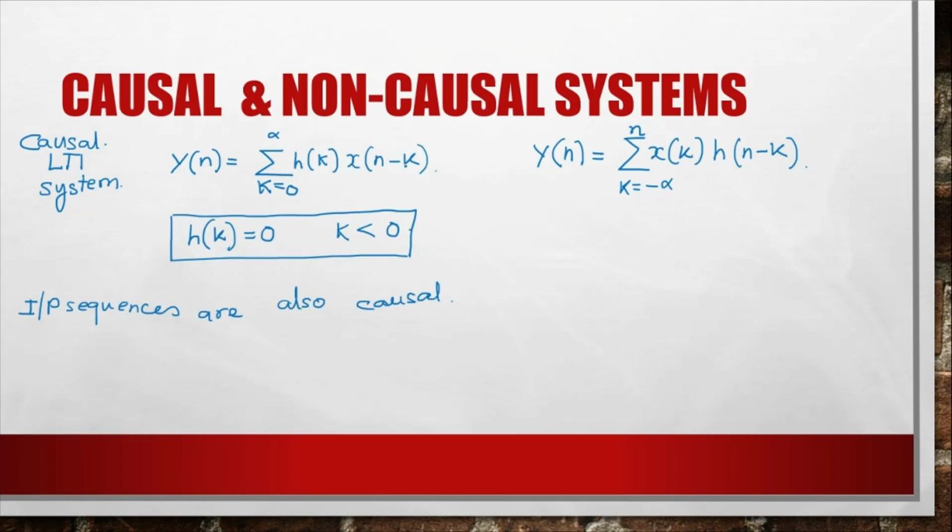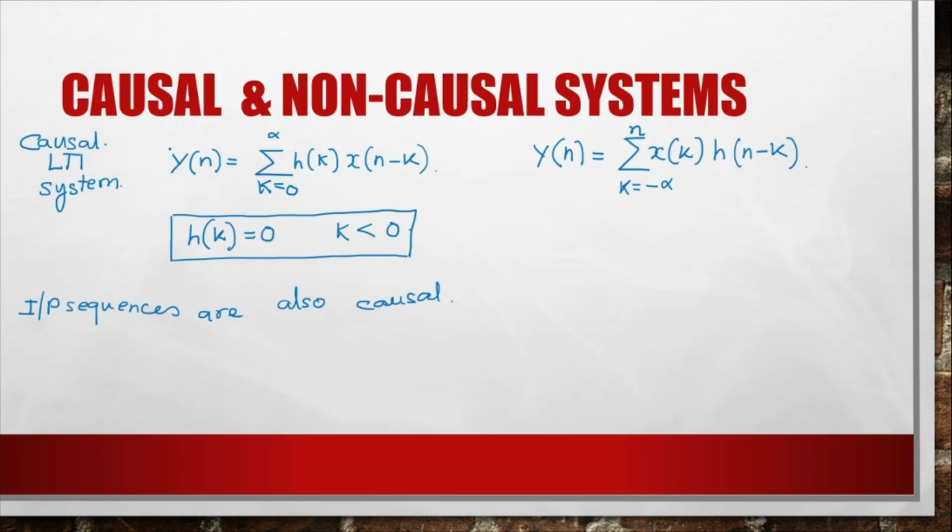Okay. Now for this expression, if we take the value of k equal to 0 as the limiting value, x is positive, but this factor can only be negative when the value of k is greater than n.